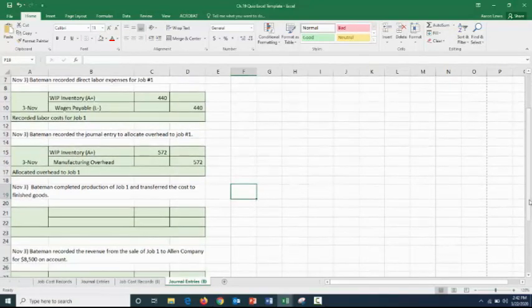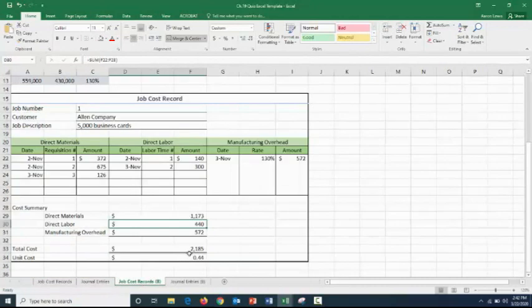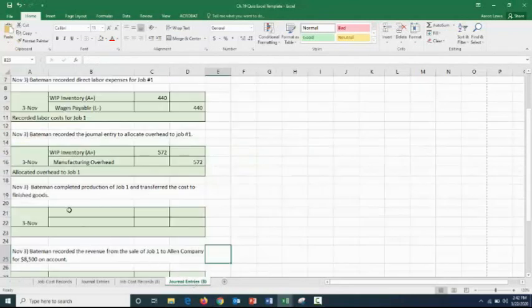Got another November 3rd coming up right here, and this is that Bateman completed production of job 1, and we transferred the cost to finished goods inventory. Well, that's easy enough. What was the cost of job 1 when we record this November 3rd entry? Well, the cost of job 1 was its total cost, was $2,185, and we finished it.